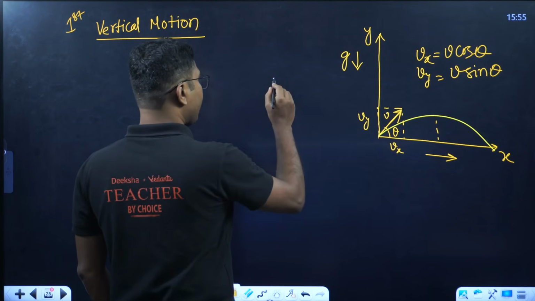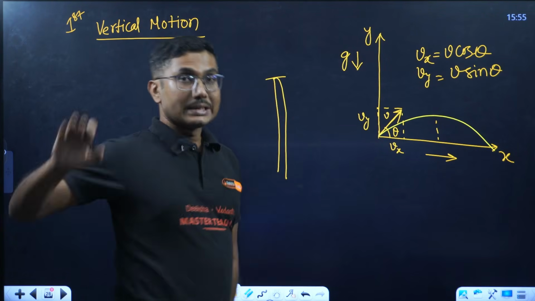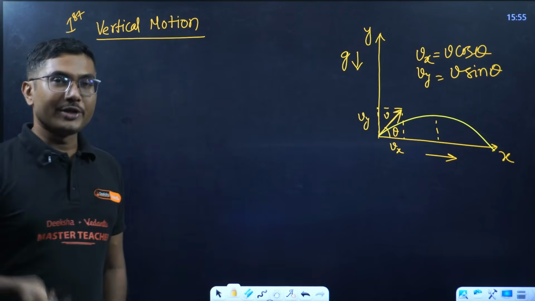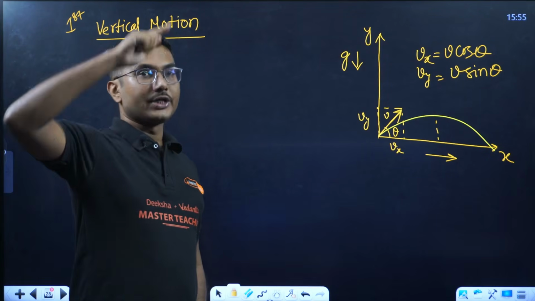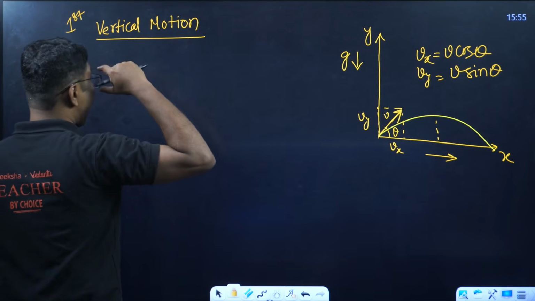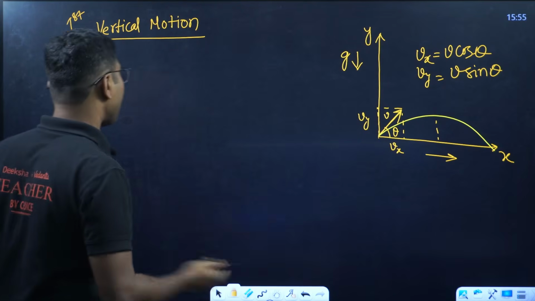If you throw a ball up, it comes to a rest at the top position, then it starts falling back. Same thing happens to a projectile as well when you consider only the vertical motion. So in the vertical direction, at some point of time its velocity becomes 0. So we are trying to find that point.